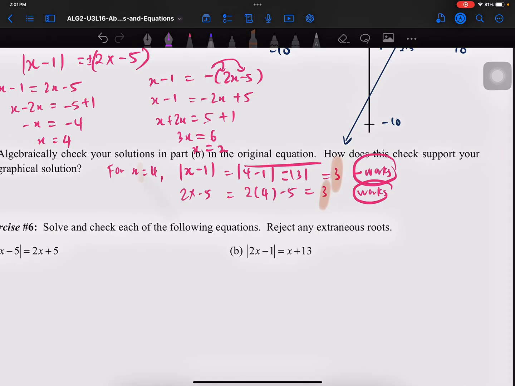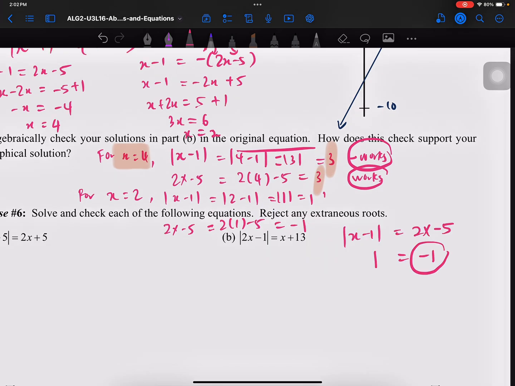But x is 4. When x is 2, x minus 1 is 2 minus 1, which is 1. Absolute 1, which is 1. So for x equals 2, for the second equation, 2x minus 5, if you put in 2, it will give you minus 1.